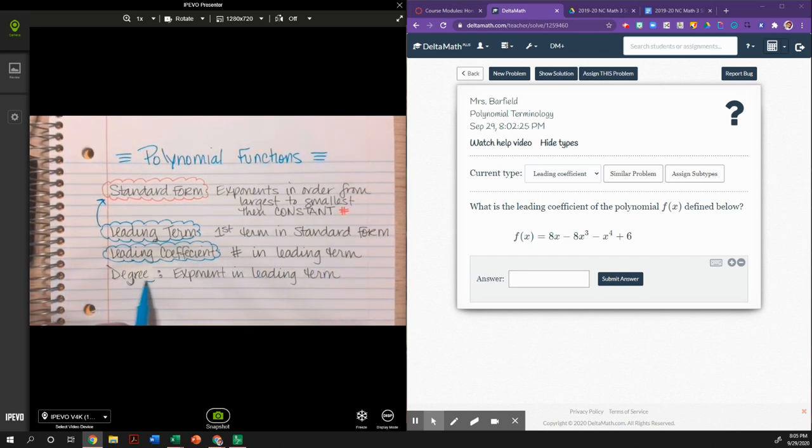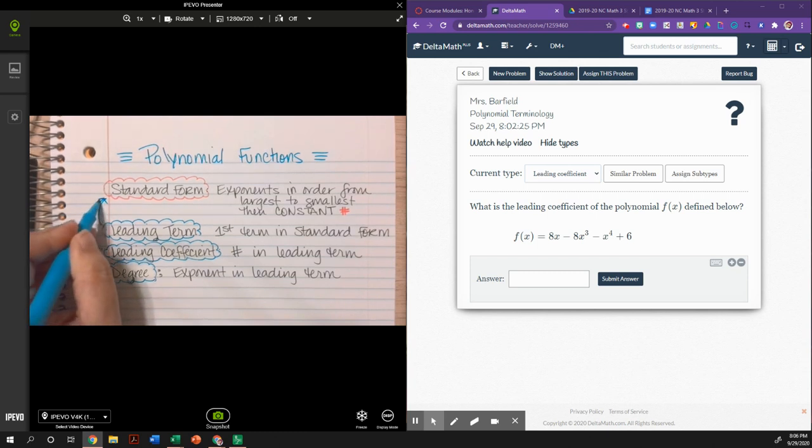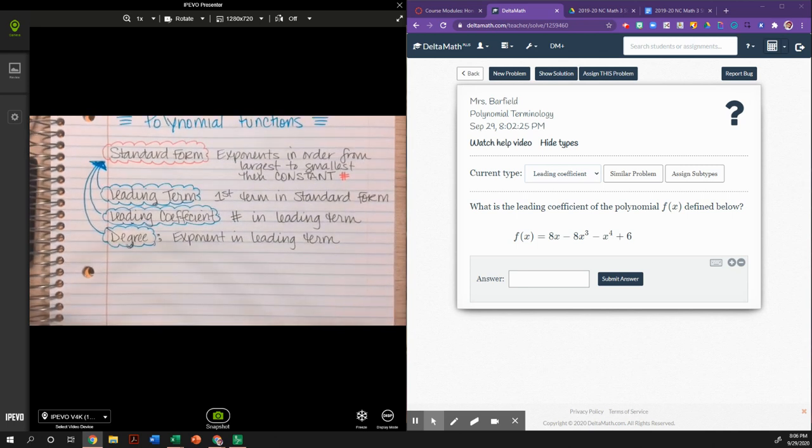And your degree is the exponent in the leading term. So all of these link back to standard form. That's the most important part: you take that polynomial, you put it in standard form, and you can identify all these things.